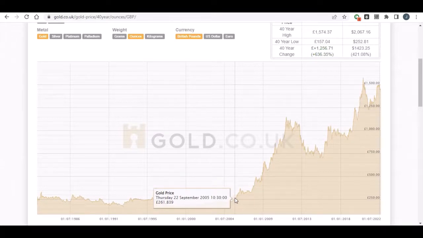Now that did recover by late 2005, but from all the way from the early 80s up to 2005, you were basically looking at gold flatlining.